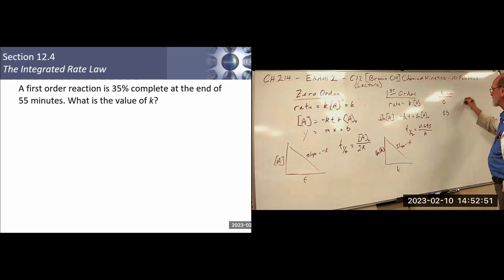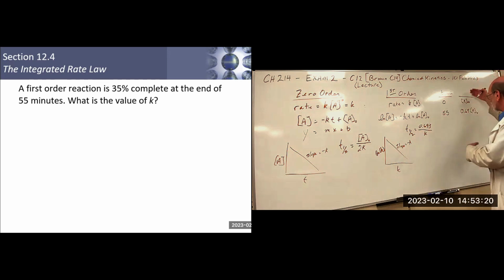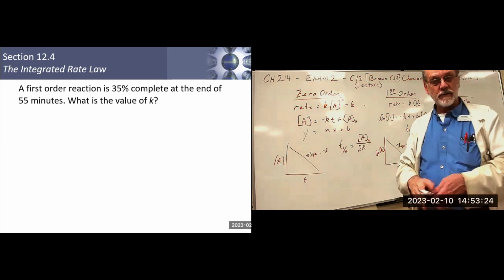After 55 minutes, you've gone from some value here and reduced this value by 35%. So if you reduce the value here by 35%, what's left? 65% is left. 0.65 of the initial concentration is left over. If it's 35% complete, it's moved that far down to 0.65 of its original value.